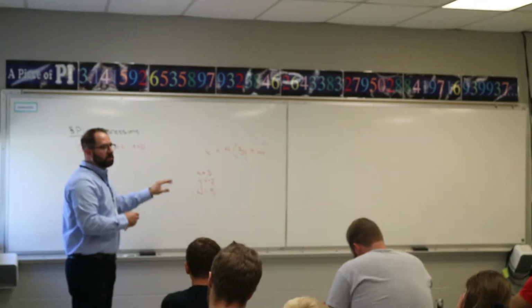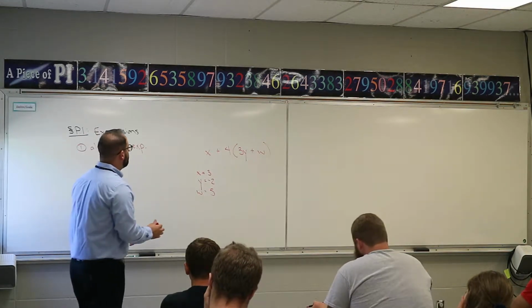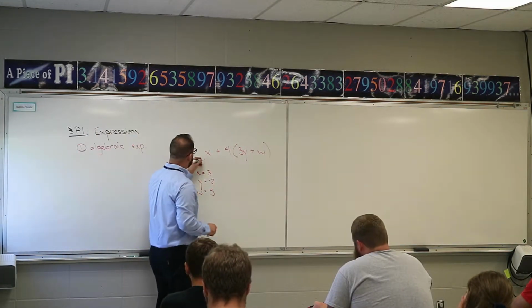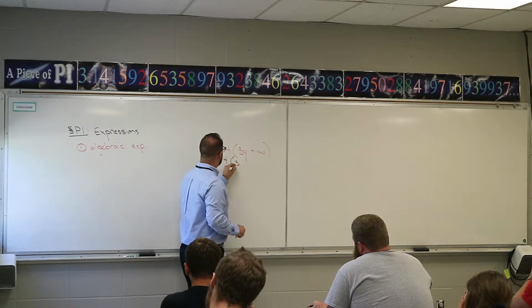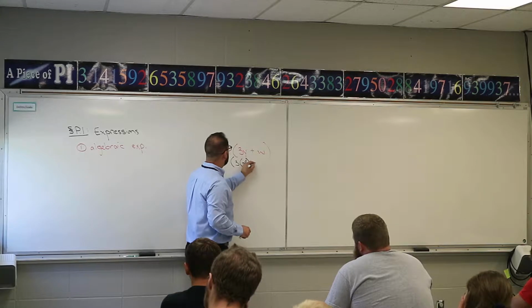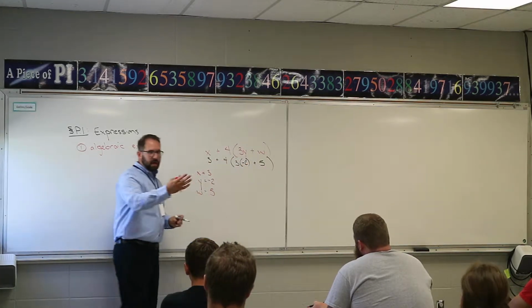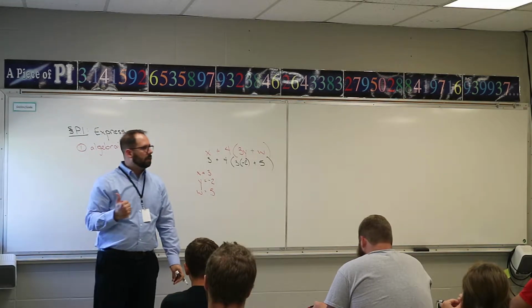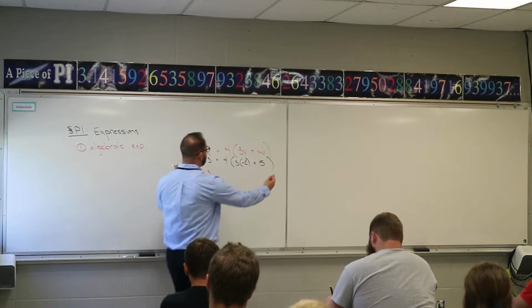We're going to go through this problem just to make sure you're familiar with it, then we're going to get to the next types of problems. Okay, so x is 3, so I'm going to plug 3 in here. The y is negative 2, so that's negative 2 times that, and then plus the 5. In PEMDAS, the order of operations, you have to do parentheses first. So I need to go inside this parenthesis.